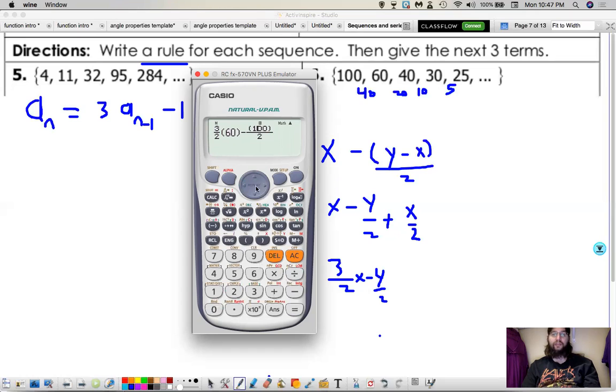Now, I have no idea if this is the formula they wanted. Yeah, that's what I came up with. Let's see if there's actually something easier we could do. Let's see what they came up with, because this is pretty nasty.